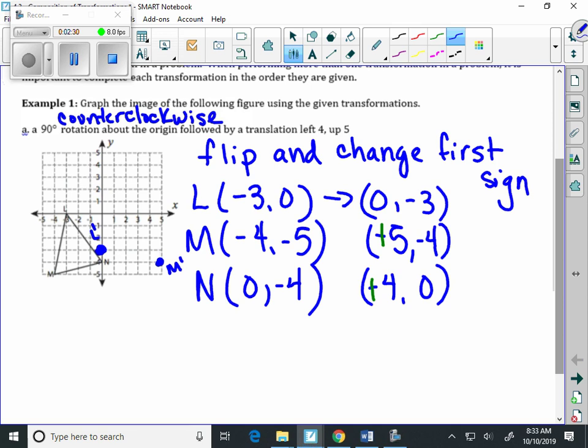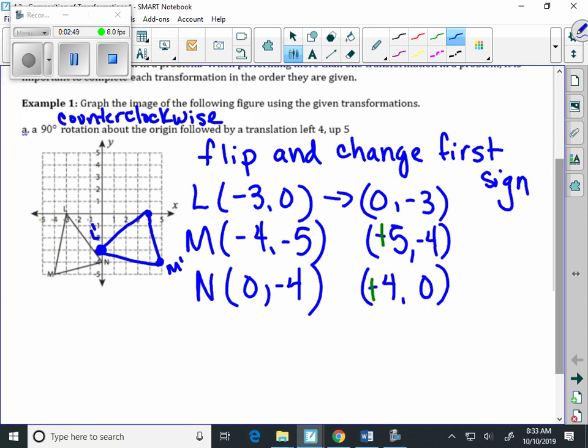There's our new M. And then our new N is 4, 0. And the nice part about rigid motions is that we're not changing the size or the shape. This time we rotated it a little bit.